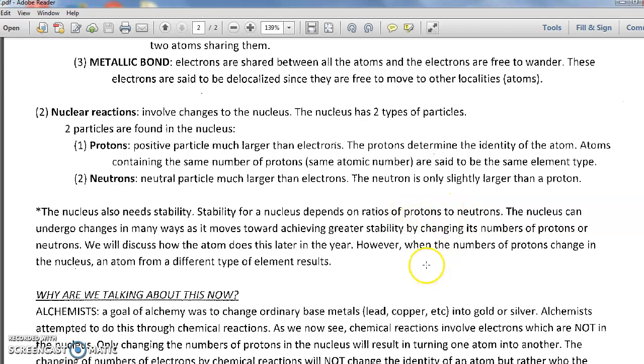So when we talked about adding 50 protons to copper, we would have to add a lot of neutrons to try to hold that nucleus together. If a nucleus is unstable, it can change on its own. And we'll talk later this year about how nuclei undergo changes on their own.